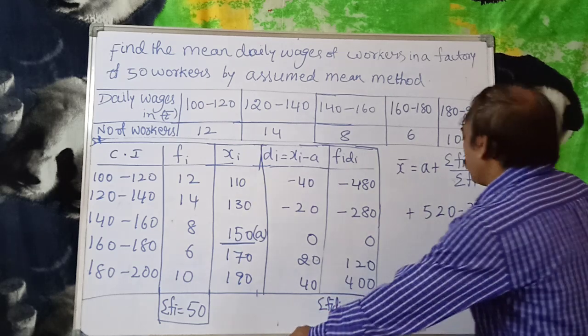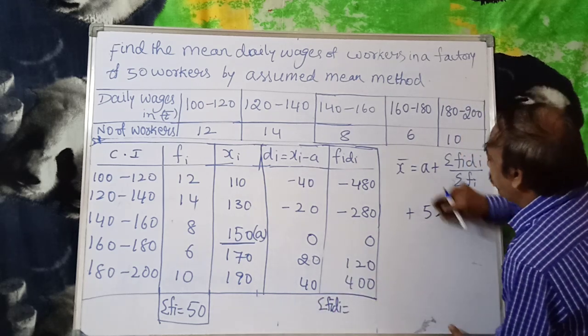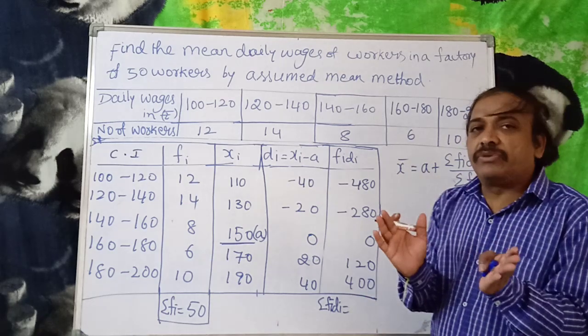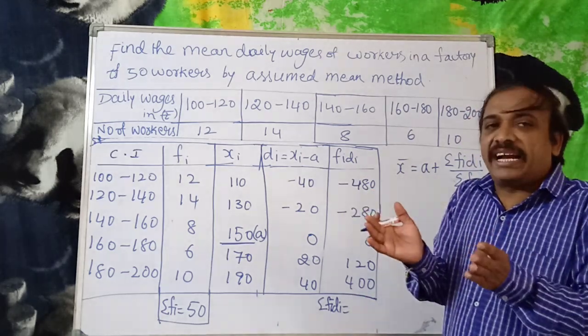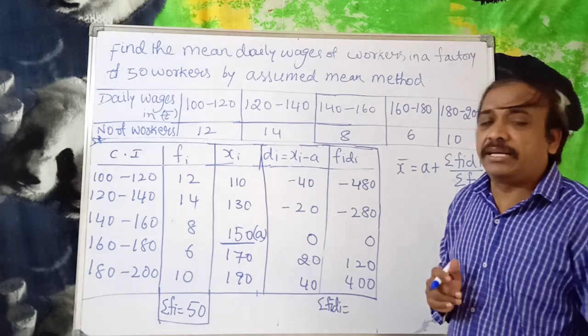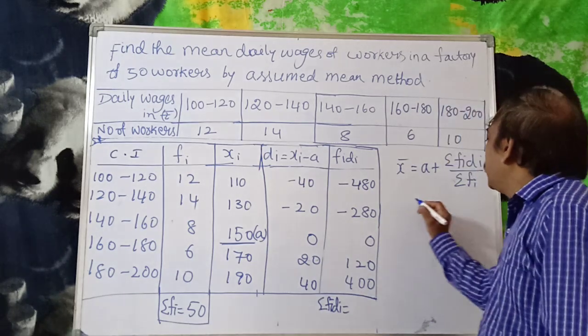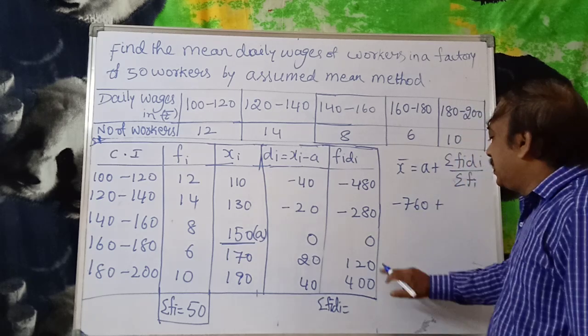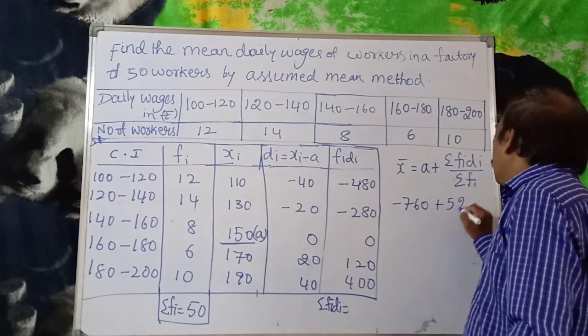We know that when we add numbers of different signs, we subtract and keep the bigger number's sign for the result. So we have minus 760 and plus 520.